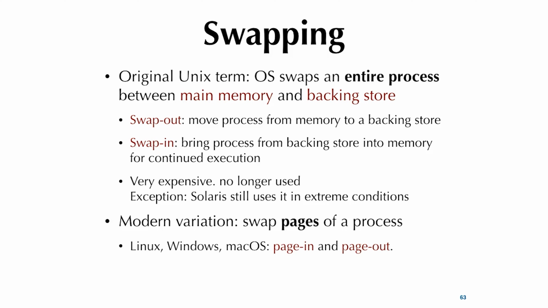So swap out means take the entire process image and write it out. Swap in means bring that back, okay? And as you can imagine, it's going to be very expensive, right? Even saving to disk and reading a file already takes some time. And how much do you have to save?